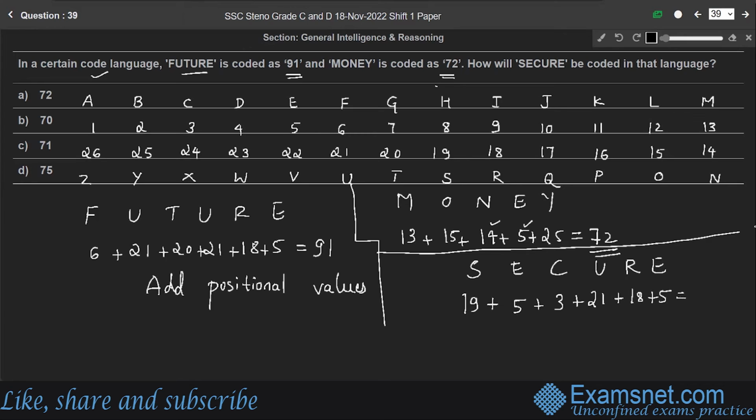Together it is 19 plus 5 is 24, plus 3 is 27, plus 21 is 48, plus 18 is 66, plus 5 is 71. Therefore, 71 is the code for secure. Therefore, option C. So just adding their positional values will give us the code. Option C.